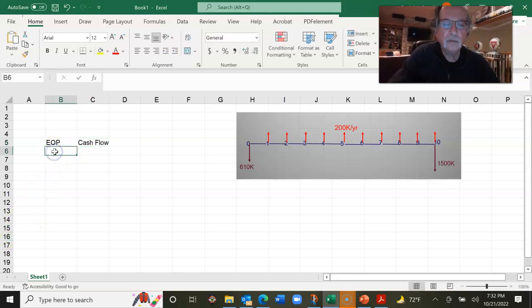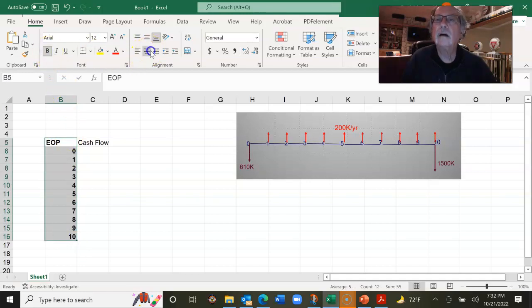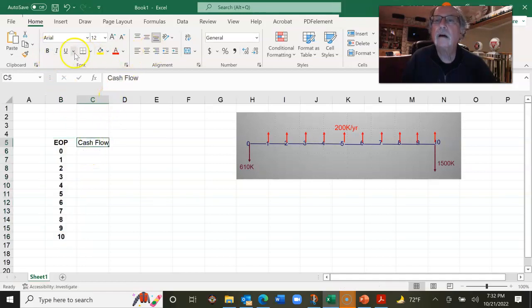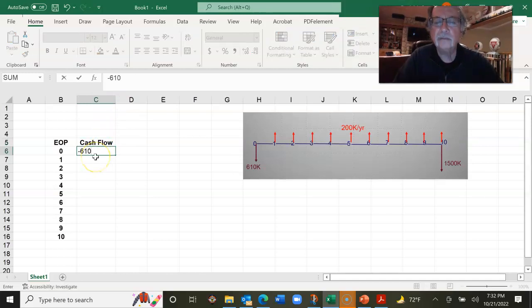It's going to go from 0 through 10. And so we have an initial expense of negative 610.